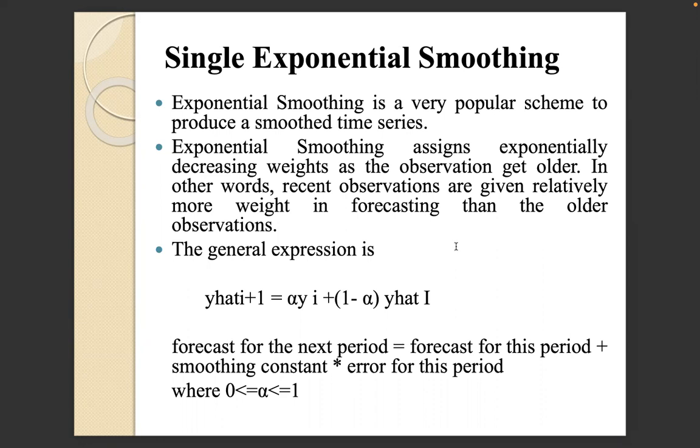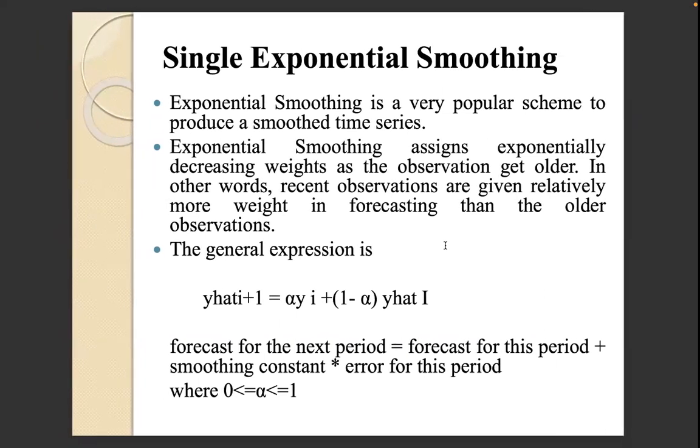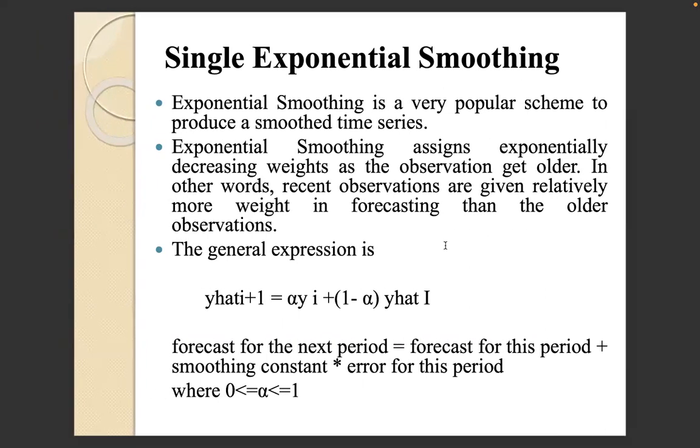We assign more weight to the most recent observation, and if the observations are getting older, we assign a lower weight, right? So this is what single exponential smoothing is.